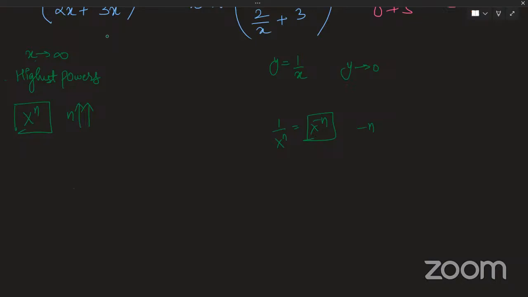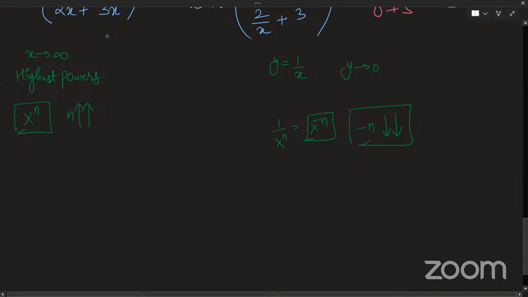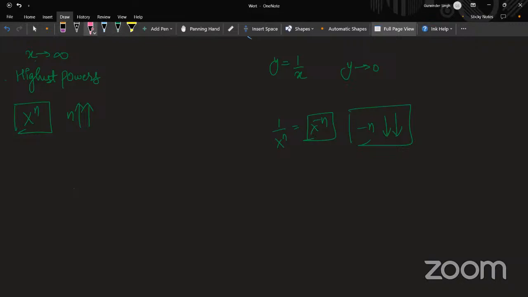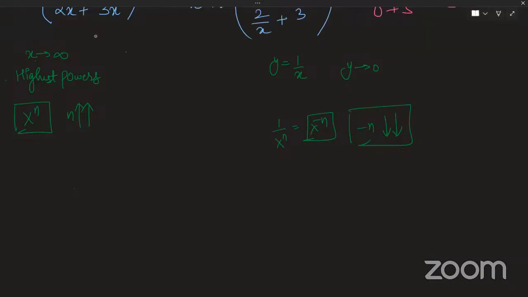Smaller. My value of minus n will definitely grow smaller. If my n is positive and growing really large, my minus n will grow smaller. Easy?